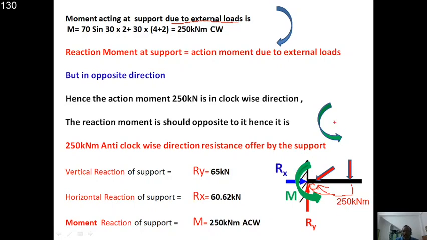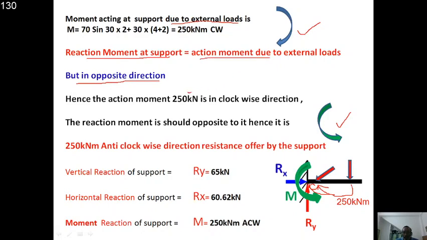Hence the support moment will be opposite in direction to the action. The action moment is clockwise. Therefore, the resistance moment by the support should be in the anti-clockwise direction. Hence it should be taken in the opposite direction, and the magnitude of the reaction moment at the support is equal to the action moment.